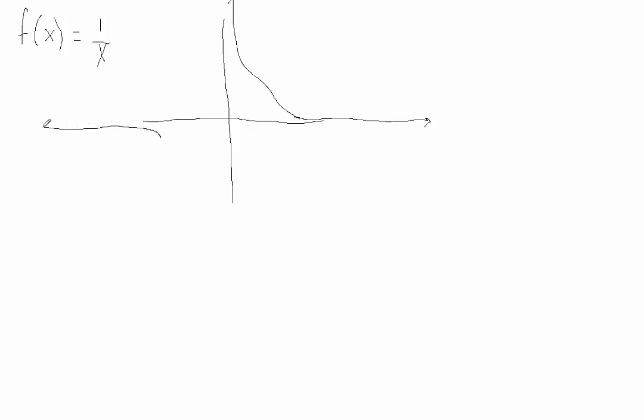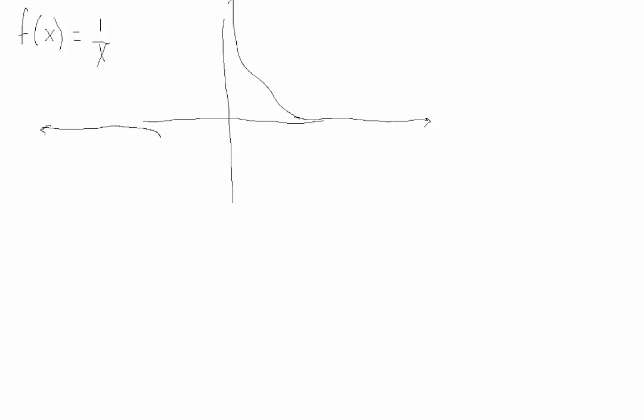So here the end behavior, as x goes to positive infinity or negative infinity, the value of the function is going to 0, getting closer and closer to 0. Or we can say there's a horizontal asymptote at the line y equals 0, the x-axis.